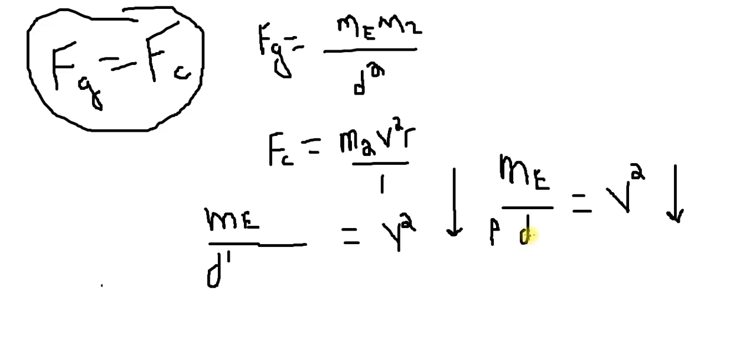So if our orbital distance, in other words our orbital altitude, goes up, our velocity is allowed to go down. Conversely, if we want our orbital velocity to go down, then I have to raise the orbital altitude.